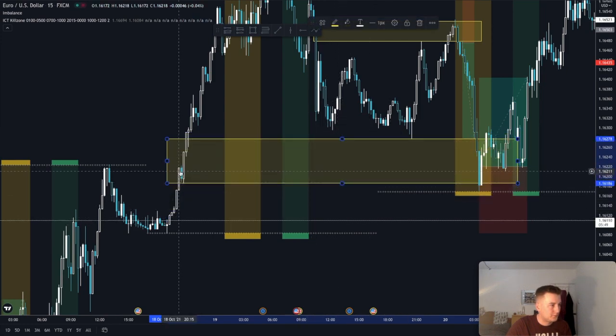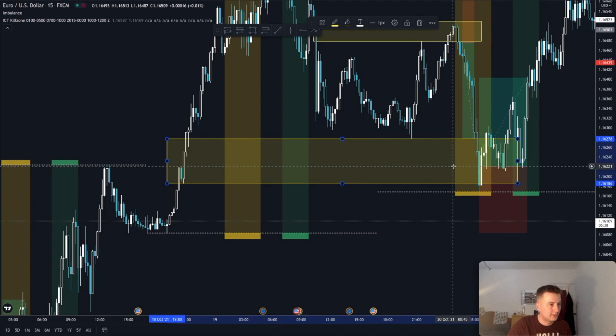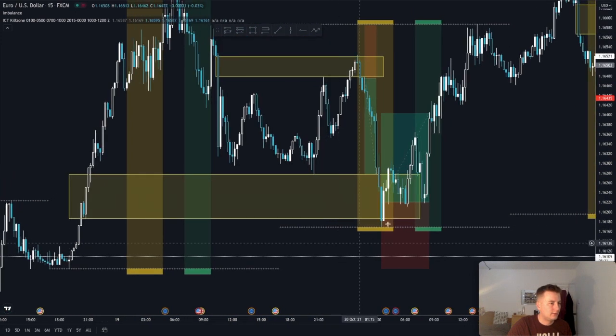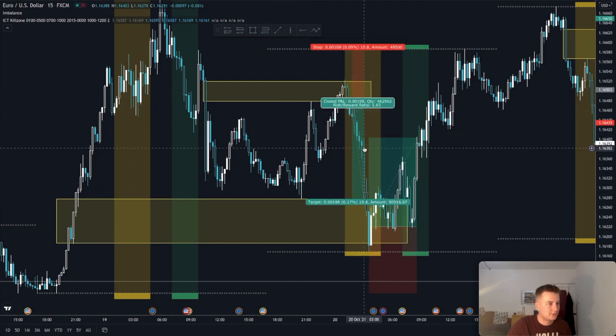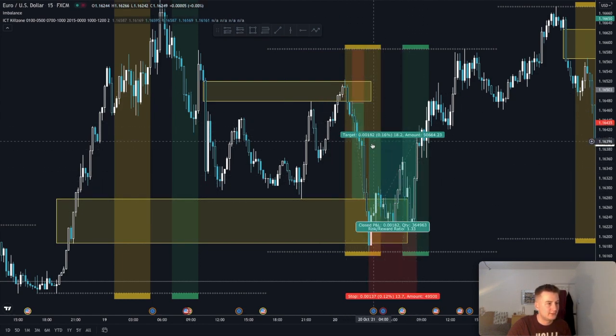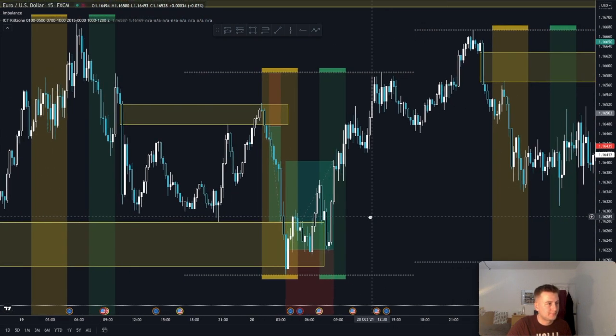and then I saw this push back down, which is why I thought, well, this area, this order block right here was most likely to be rejected. So I simply put my order at the high of that order block right here, stop loss right at the low, and so I gave it a nice big stop loss, and then I targeted this strong push down because there was a potential that it would reject this area because it was such a strong push.